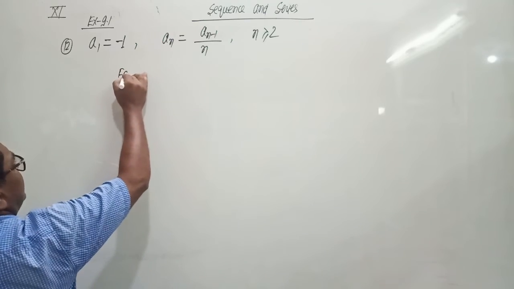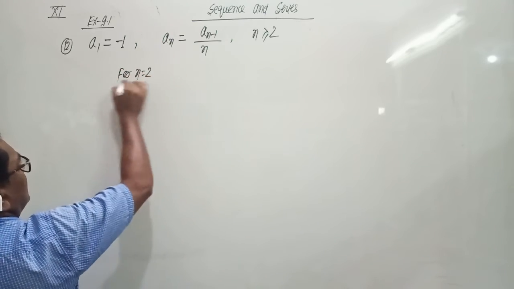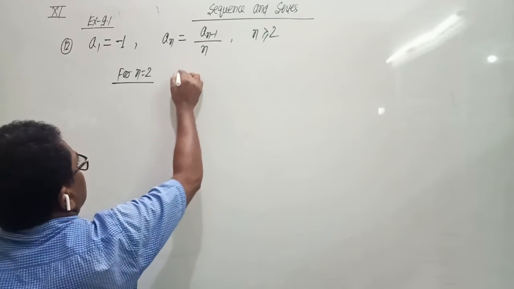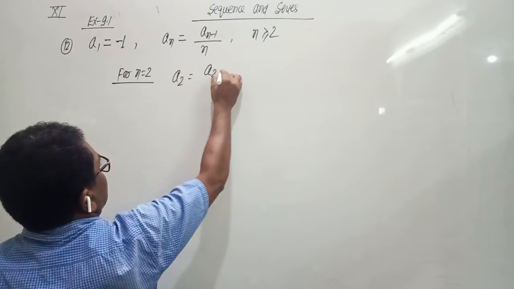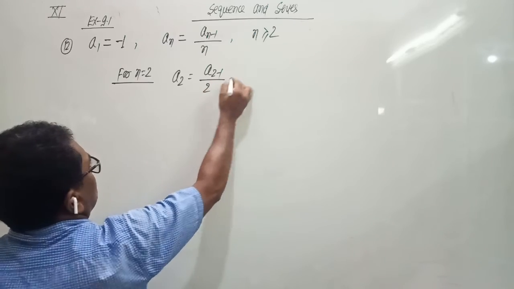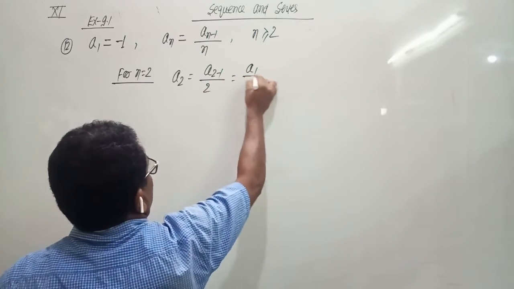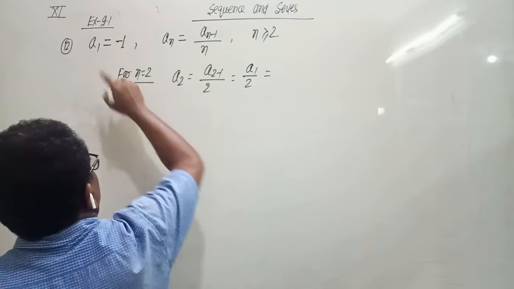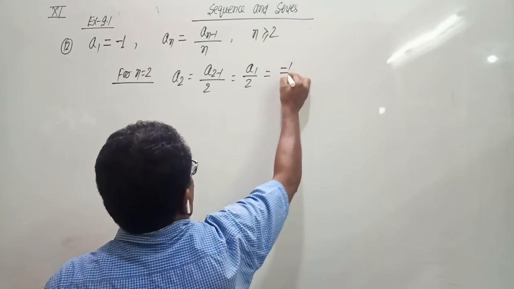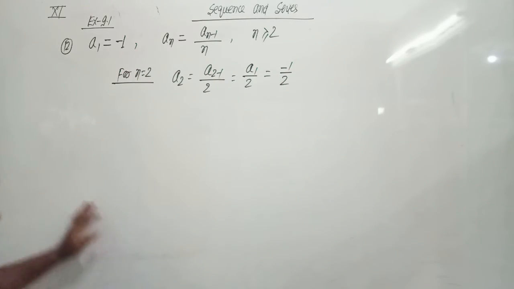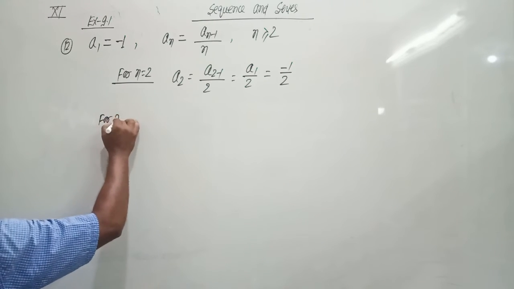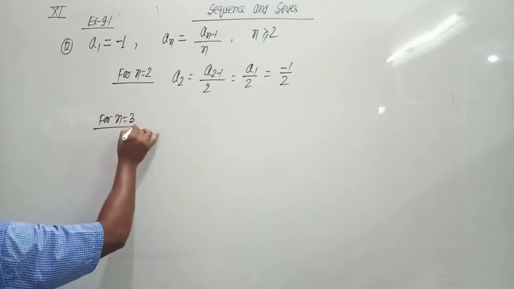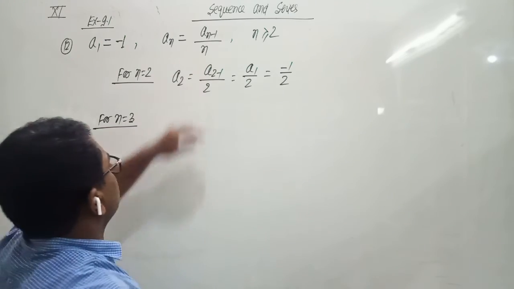So for n equals to 2, put the value of n equals to 2. So A2 equals to A of 2 minus 1 upon 2. That is A1 upon 2. And the value of A1 is minus 1. So the result we get is minus 1 upon 2. For n equals to 3, we put n equals to 3.